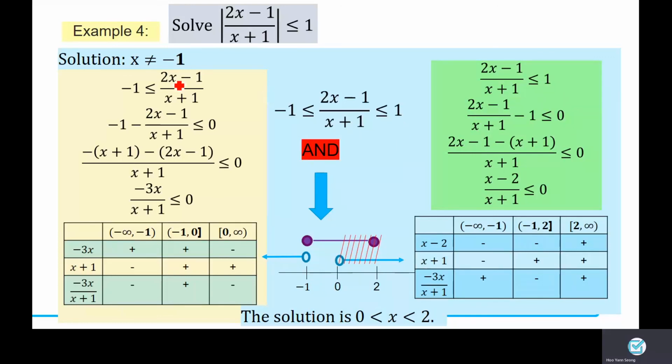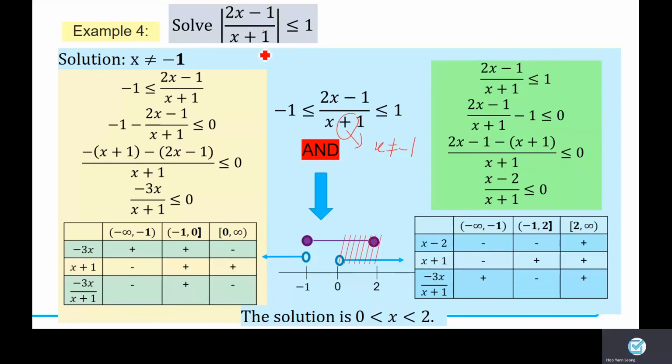In every rational expression, we don't want our denominator to become 0. So the first thing we notice, x plus 1 is our denominator, so x cannot be negative 1. But we still will use x plus 1 to find our values, just as a critical value.